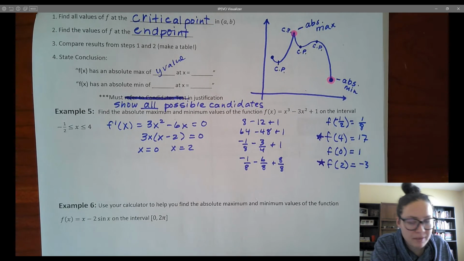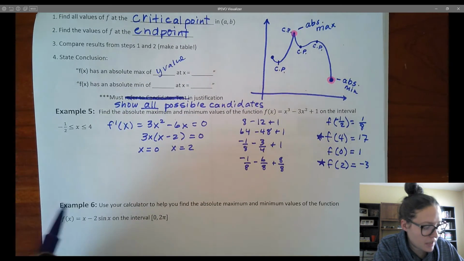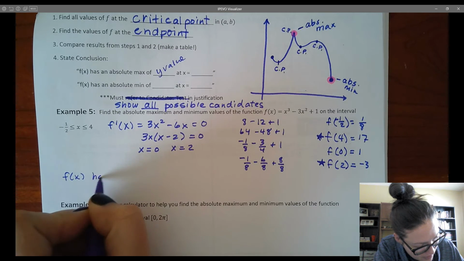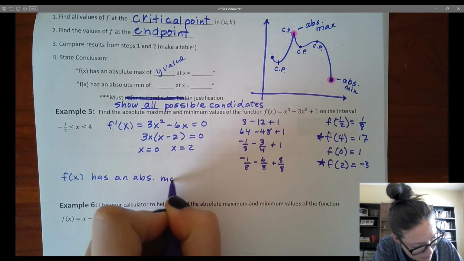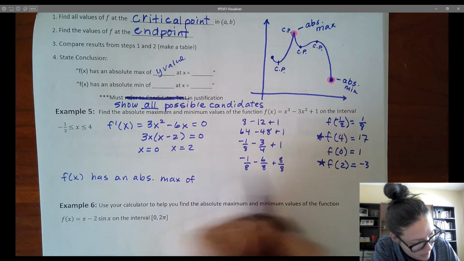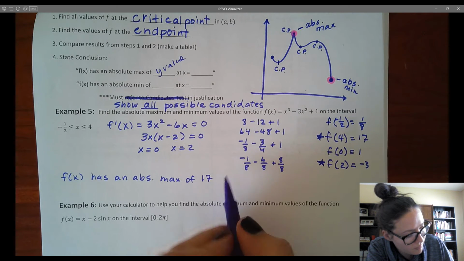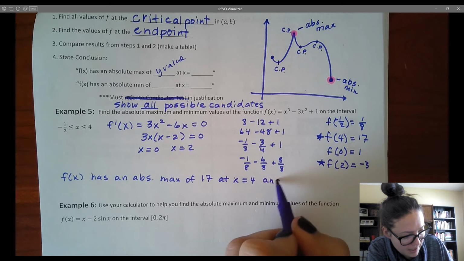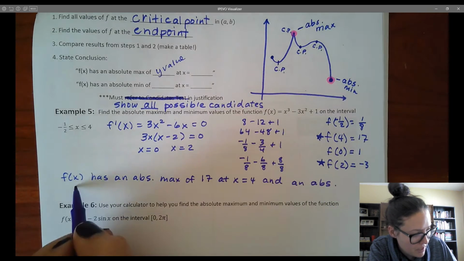I'm going to say f of x has an absolute max of 17. We use the y value at x equals 4, and an absolute minimum of -3 at x equals 2.